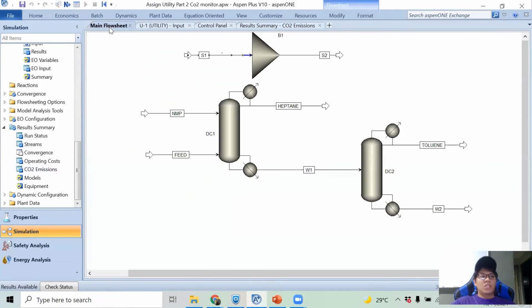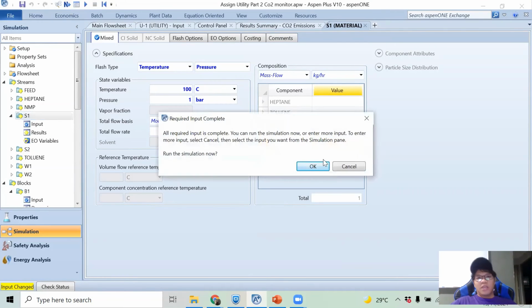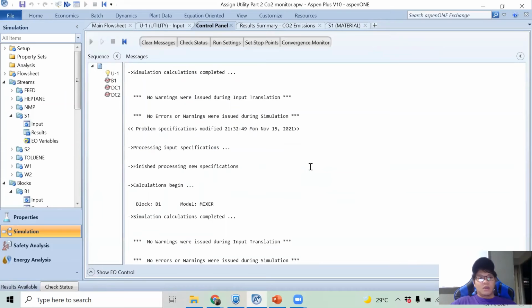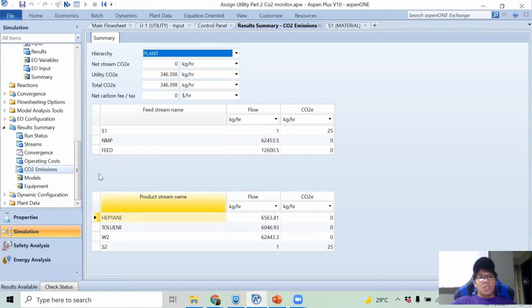Now next, I'm going to show you what happens if I choose 1 kilogram of methane. If I hit run, and then I go back to the result, you would see that it is 25 times.